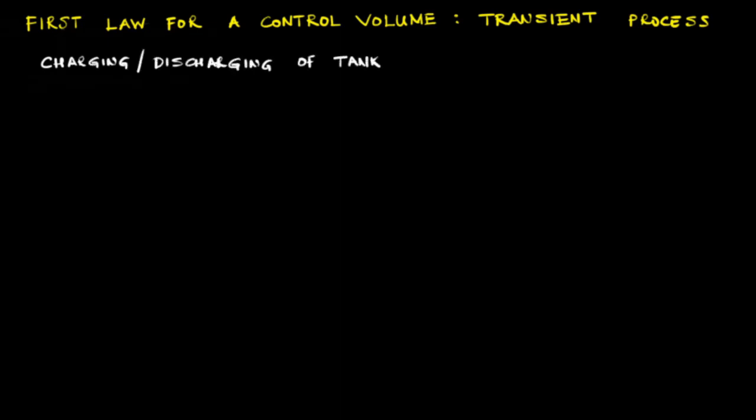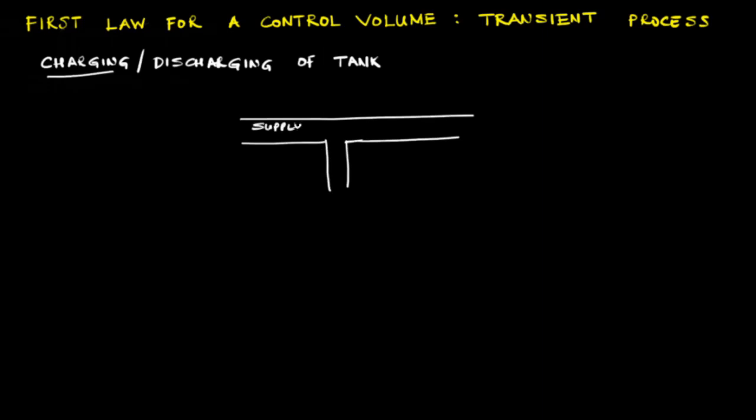Let us consider an example of charging of a tank. So consider that there is a supply line through which a fluid is flowing. This could be a gas, or let's say in general a vapor.